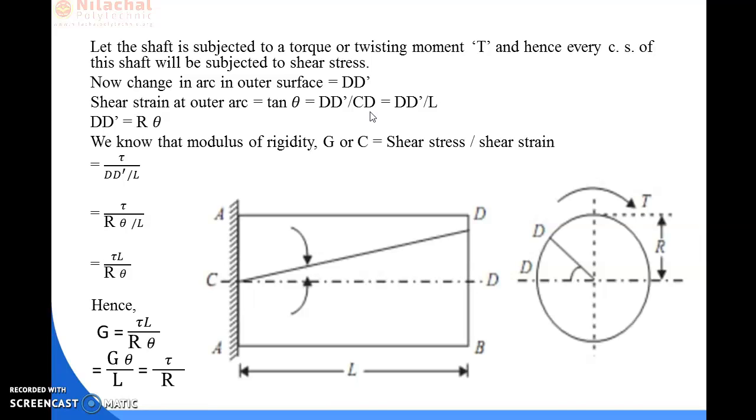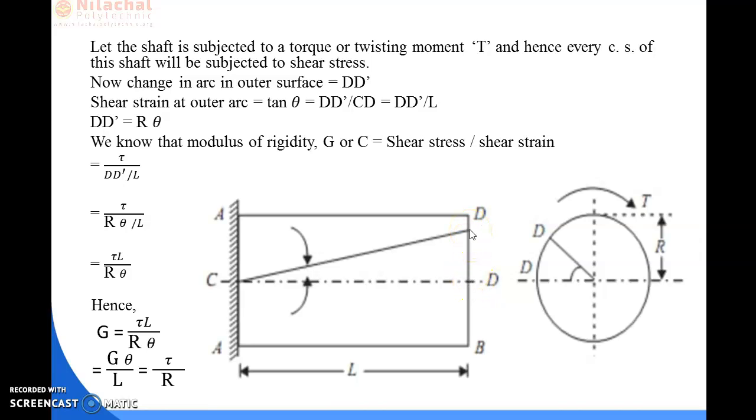We know that strain is equal to change in dimension divided by original dimension. So before the torque is applied, the original dimension of the shaft is C to D. But after the torque is applied, it is deflected from this point to this point. So we can say the change of dimension is D to D dash.